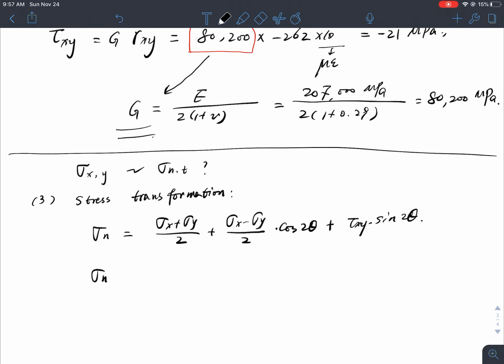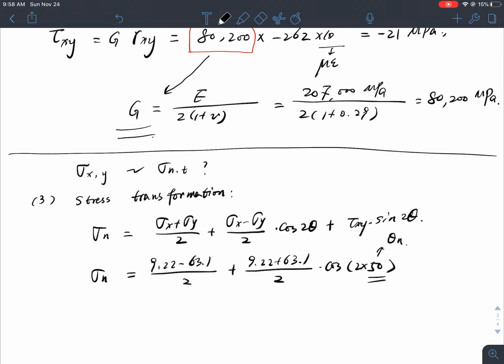Bringing the numbers in, sigma n equals 9.22 minus 63.1 divided by 2, plus 9.22 plus 63.1 divided by 2, times cosine 2 times 50 degrees, where this is theta n. I think I have a typo here.